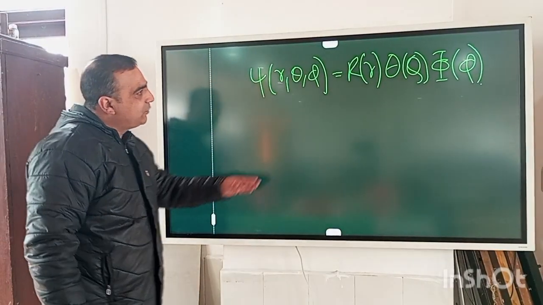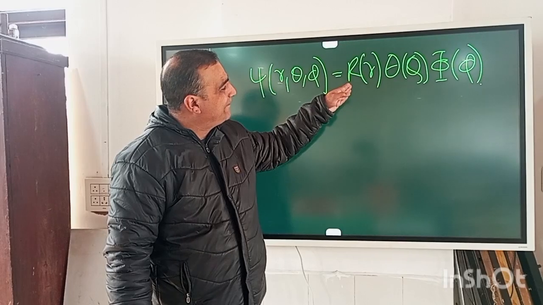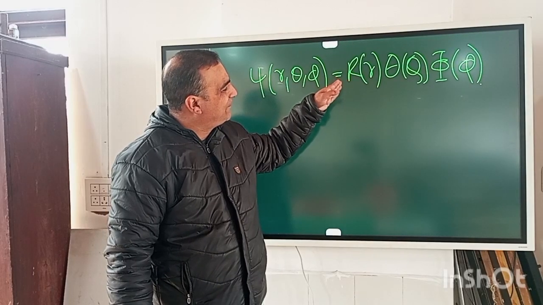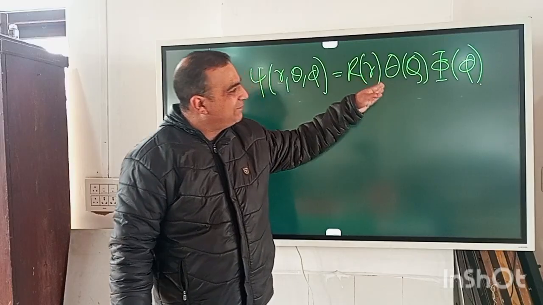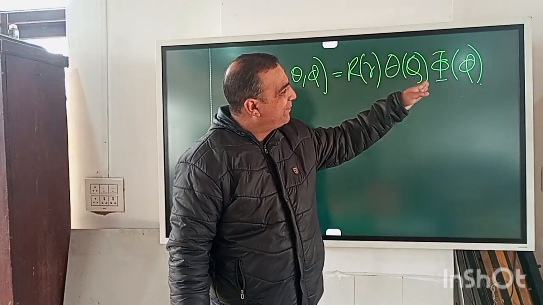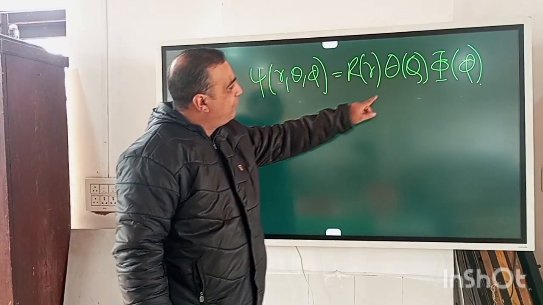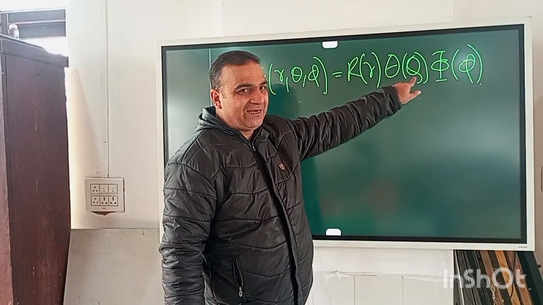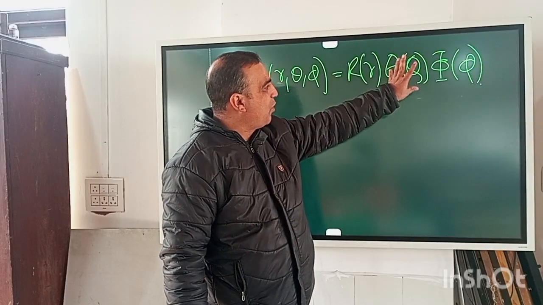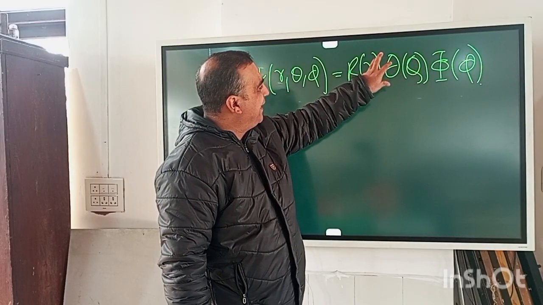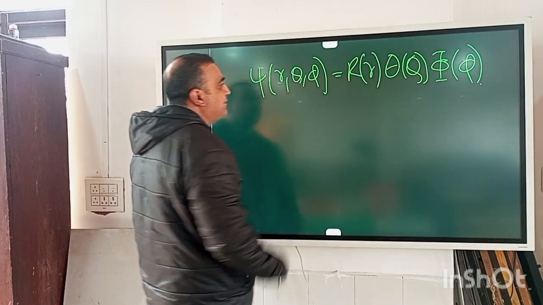These functions are exclusively dependent on their respective quantities: R is dependent on small r, capital Theta is dependent on small theta, and capital Phi is dependent on small phi. For small theta, I'm using the letter q, so you can differentiate between the small angle q and the big Theta that we have.